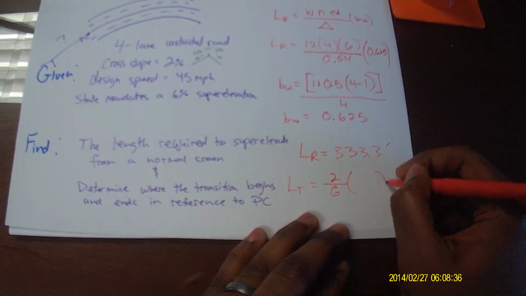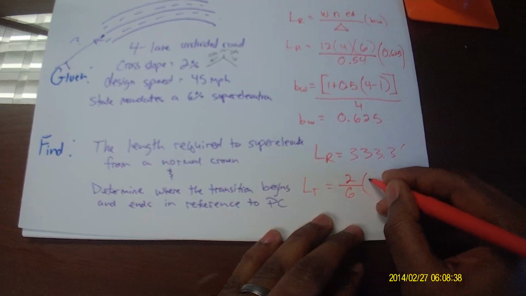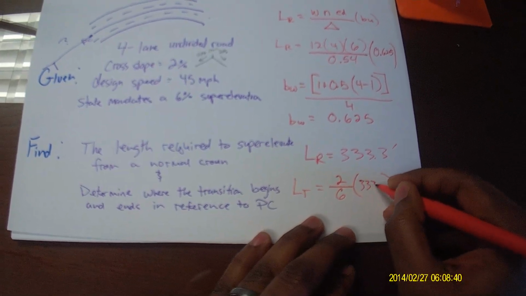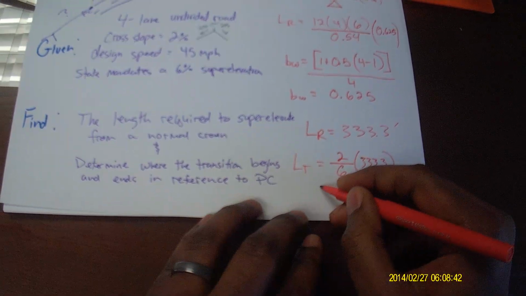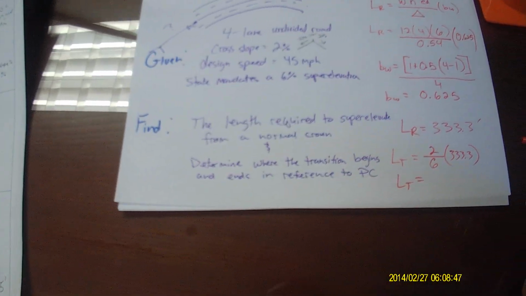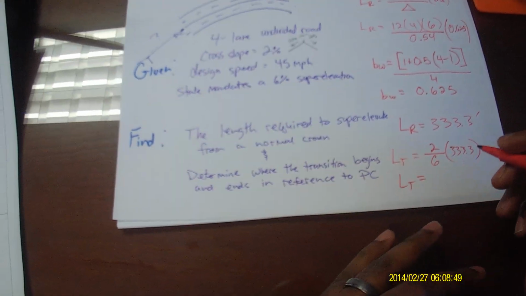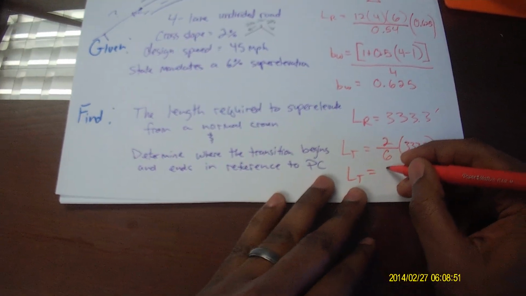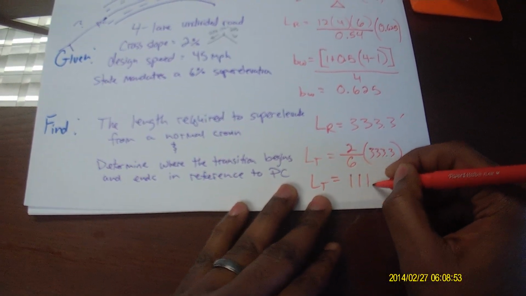Now multiply that times your length of tangent runout. When I do all of that, I get a length of tangent runout of 111.1.